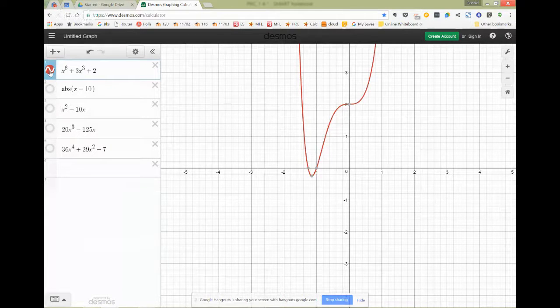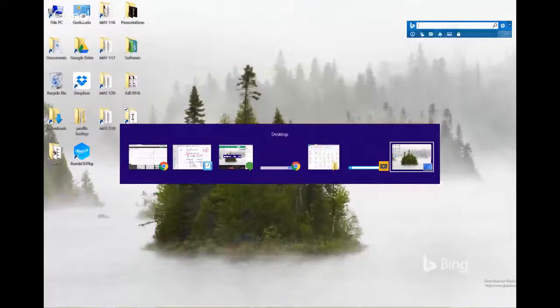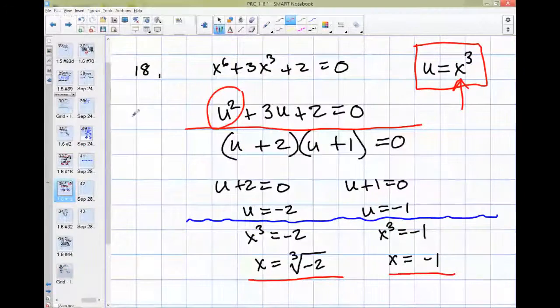So would we have to write that first solution as x equals the cube root of the square root of 2i? No, not the square root, just the cube root of -2. Is that simplified enough? You can't take an i out of that because it's not a square root.